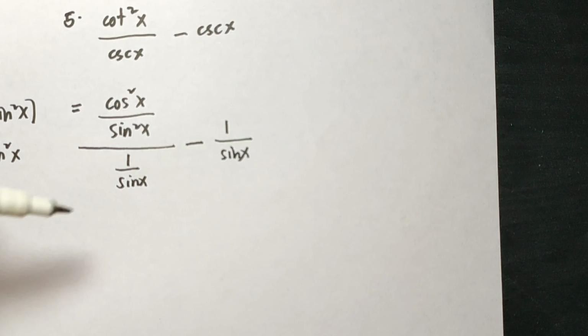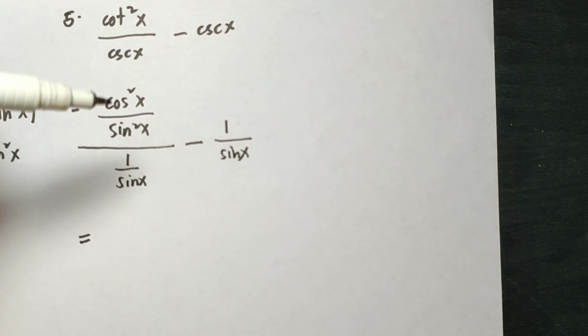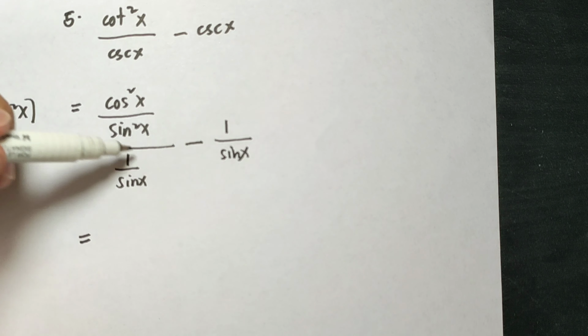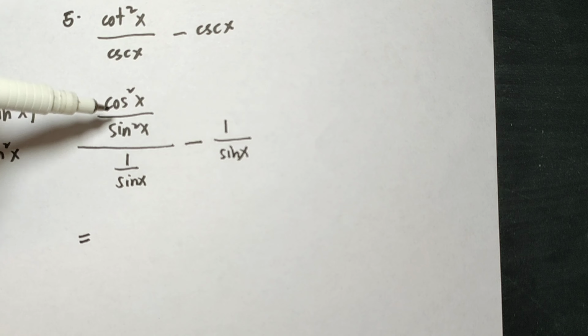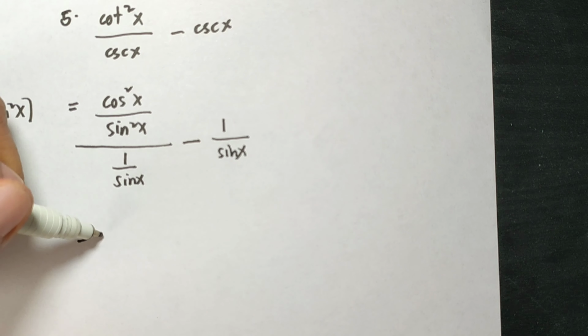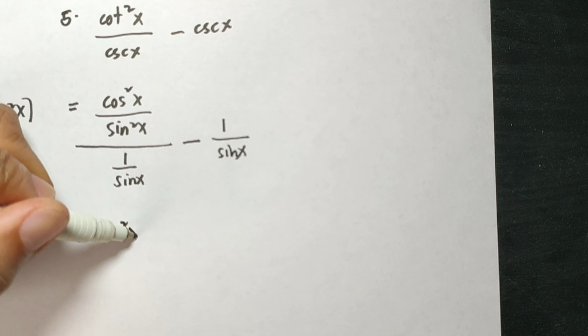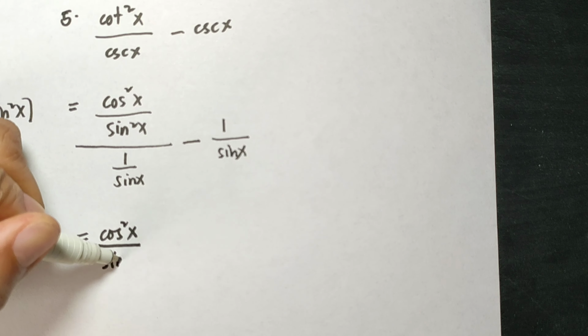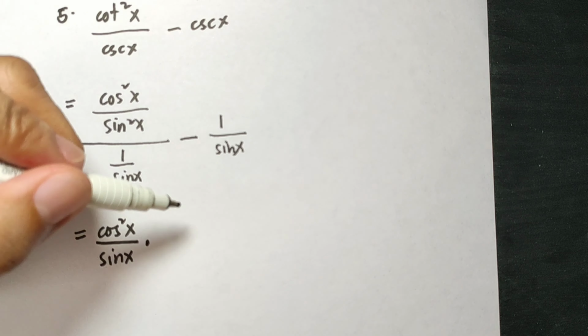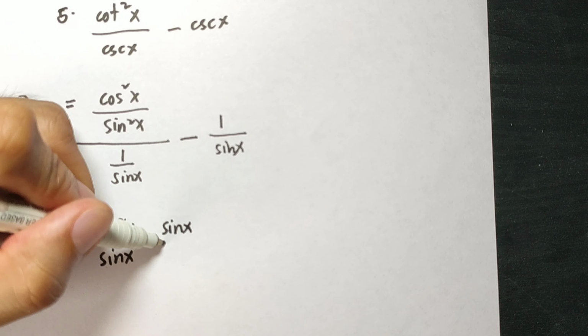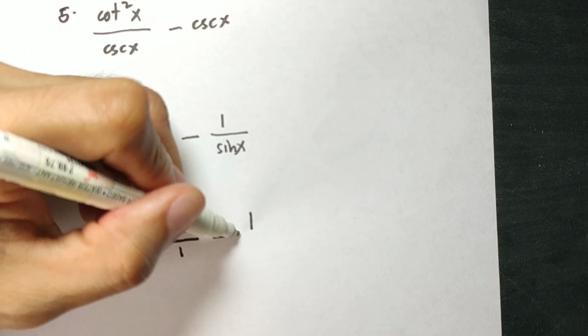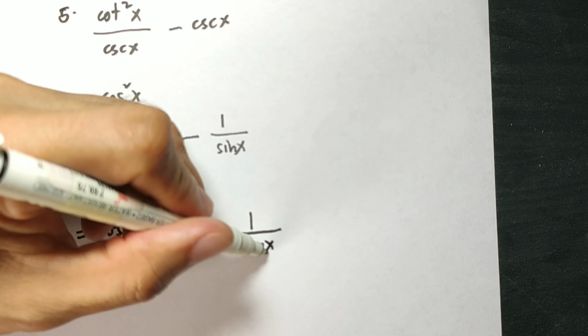Okay, next, we will get the reciprocal of this to simplify since it's the division of the two fractions. So we will have the cosine square x over sine square x multiplied by the reciprocal of that, that is sine x over 1, minus 1 over sine x.